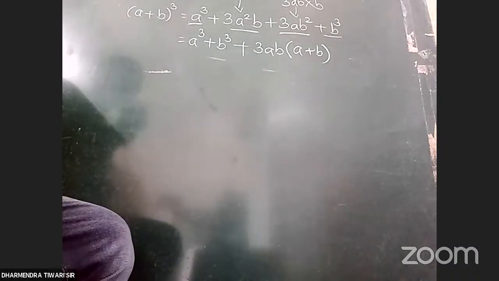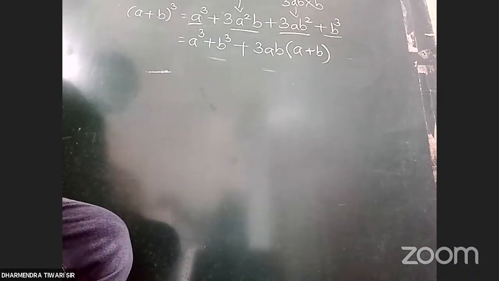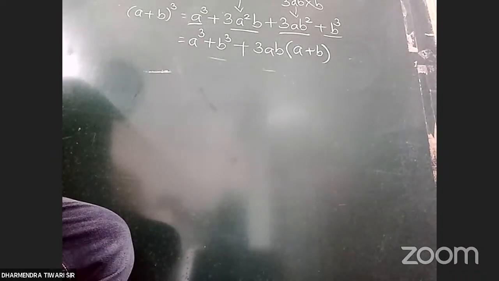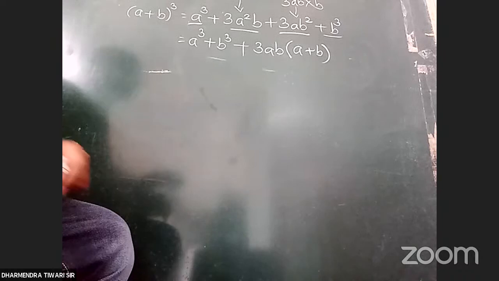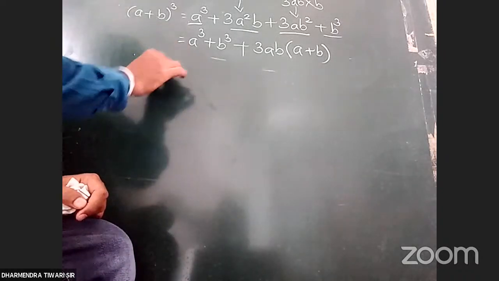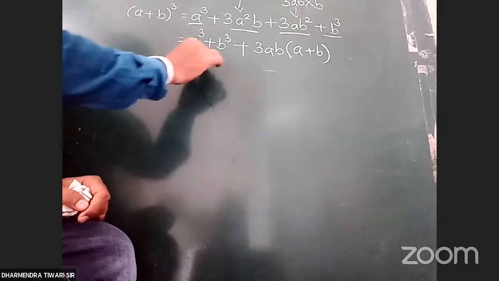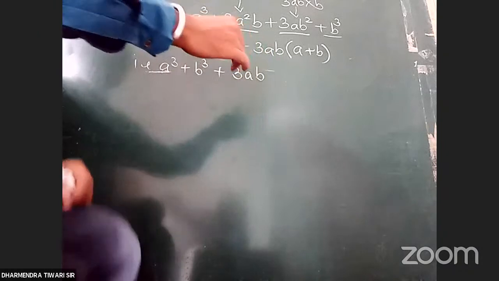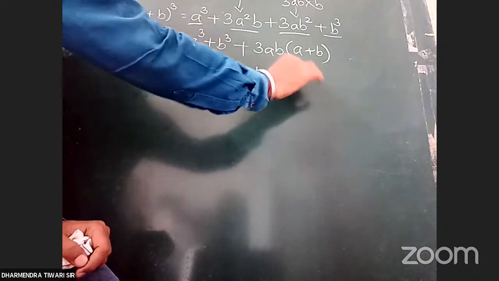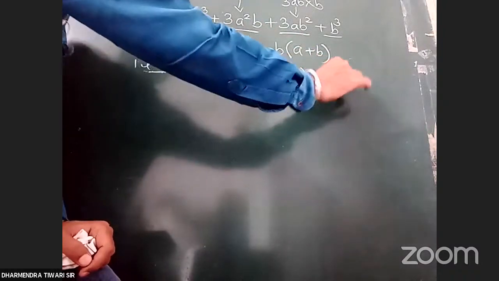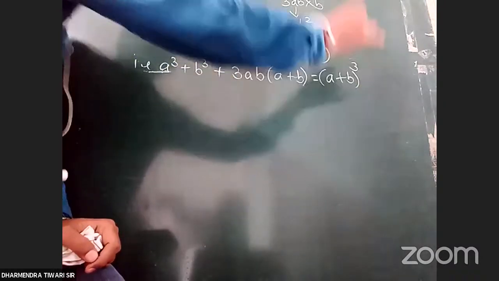After this, we can interchange the sides. You can write it as a cube plus b cube plus 3ab into a plus b is equal to a plus b the whole cube.